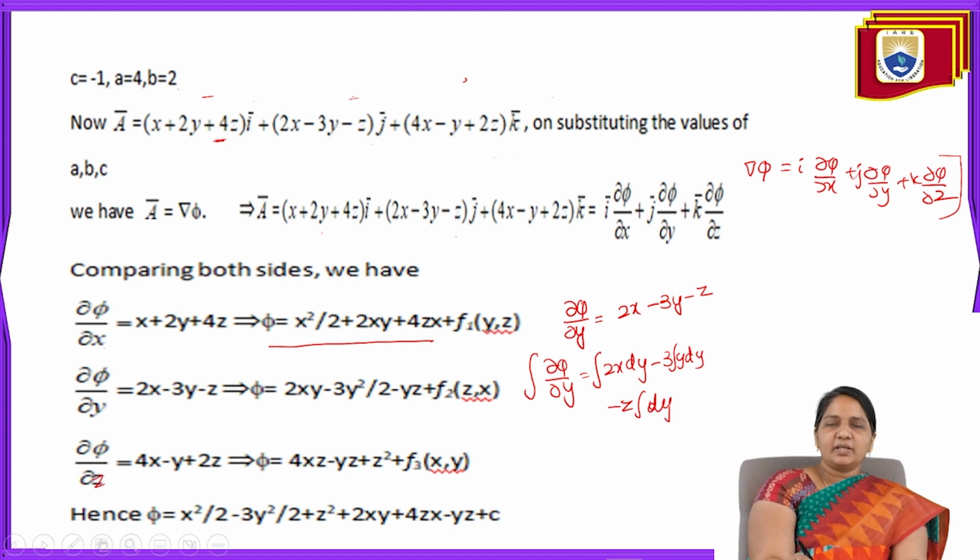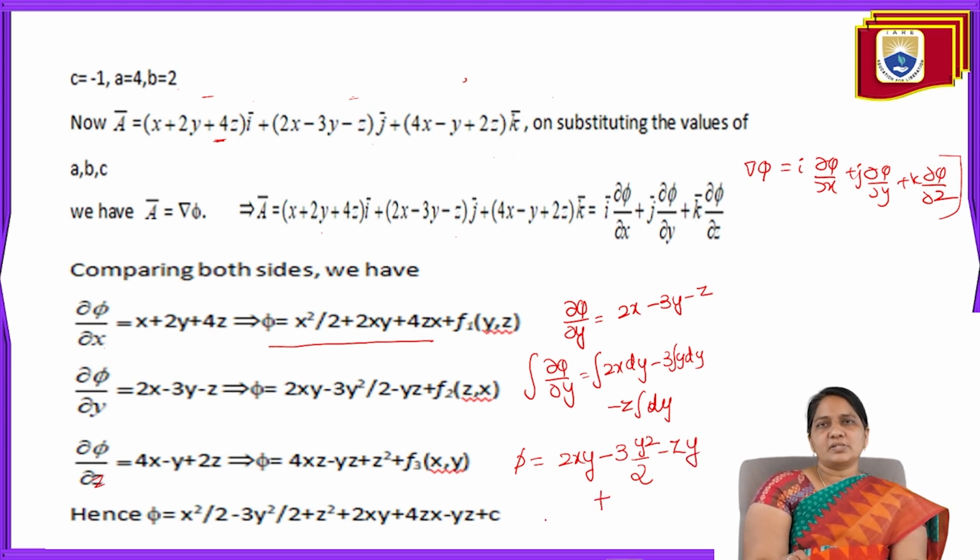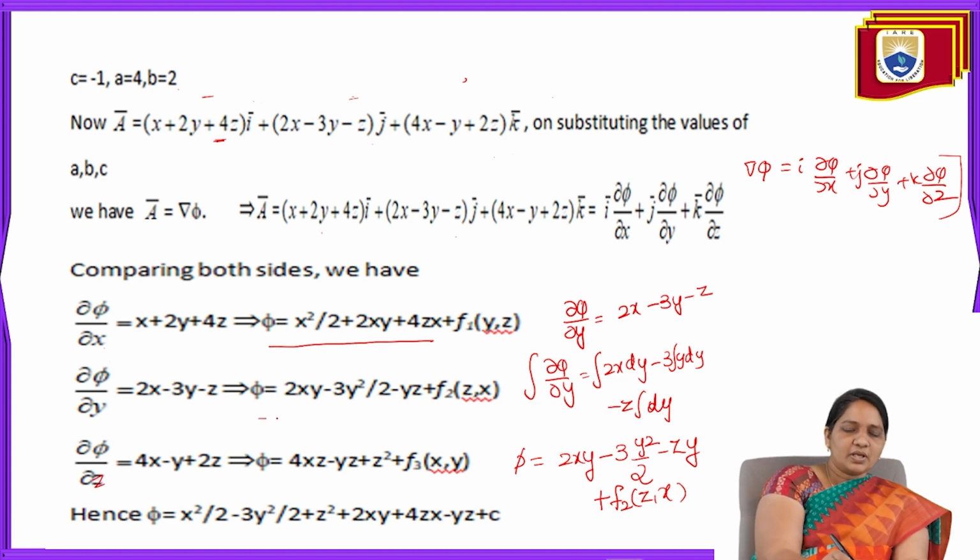Integration and differentiation will be cancelled, so pi equals 2x into integral dy, which is y, minus 3 into integral y dy, which is y square by 2, minus z into integral dy, which is y, plus some constant. That constant we take in terms of x and z, so f2 of x comma z, because we have done this with respect to y. So this is about the second one.